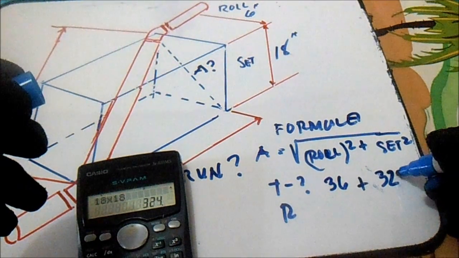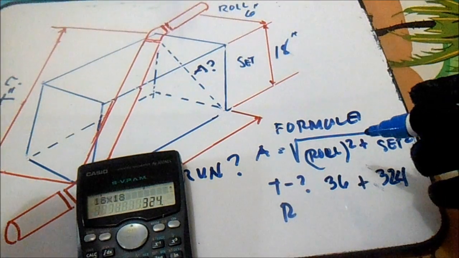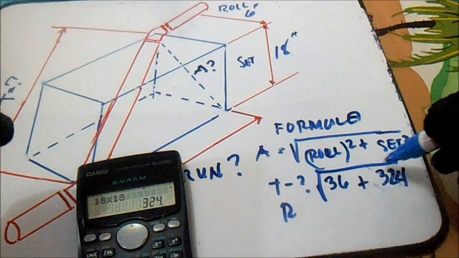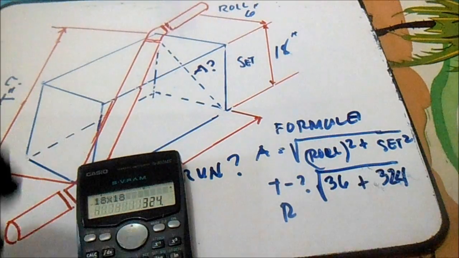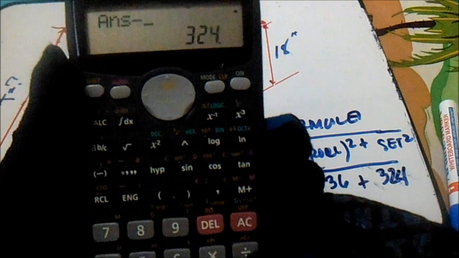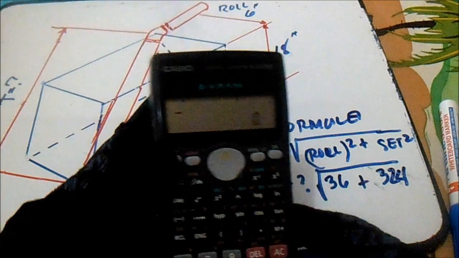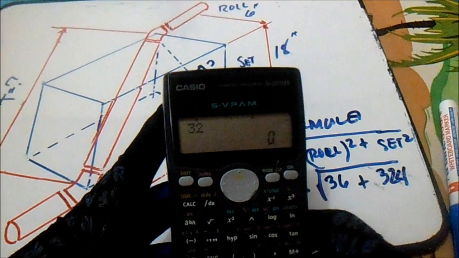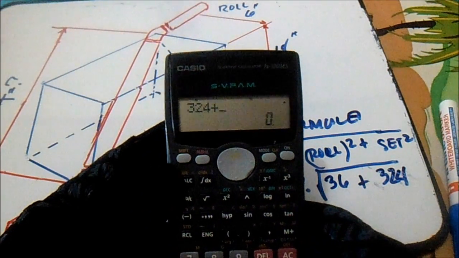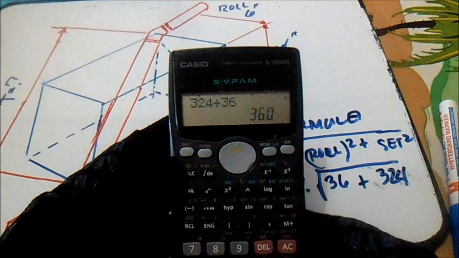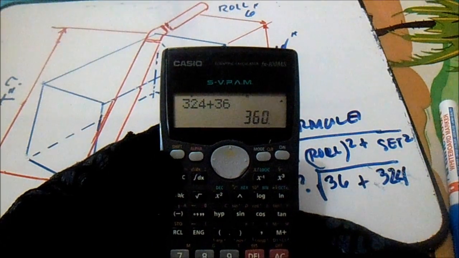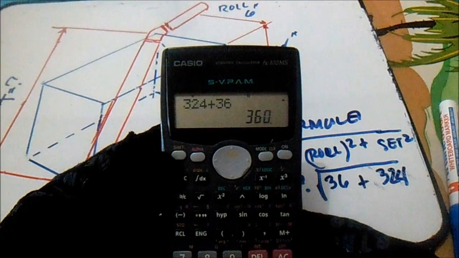We have 324 here, and also just add this 36 plus 324. So 324 plus 36 equals, so we have an answer of 360.